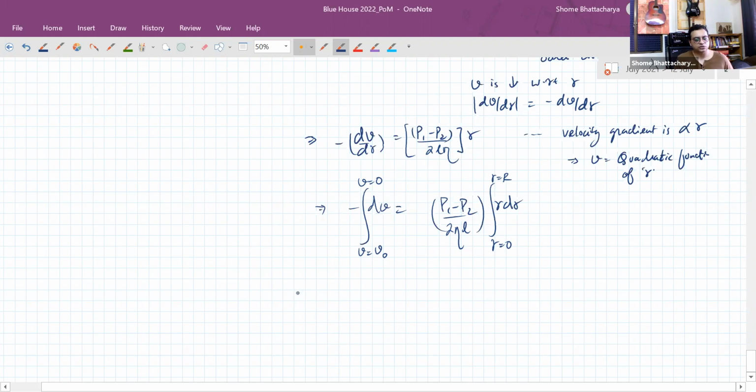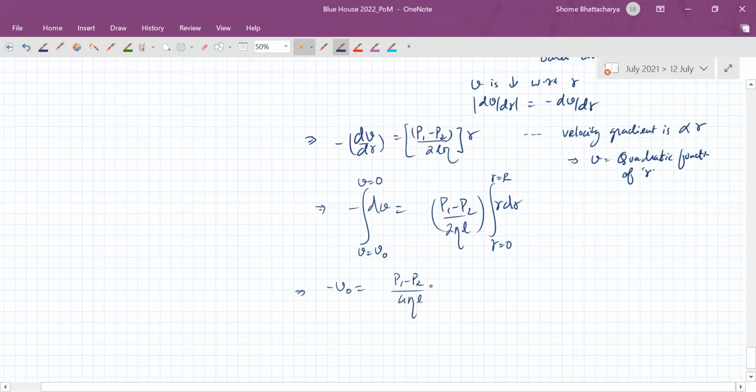So this shows us that here we'll get minus v0, and here we'll get plus v0.